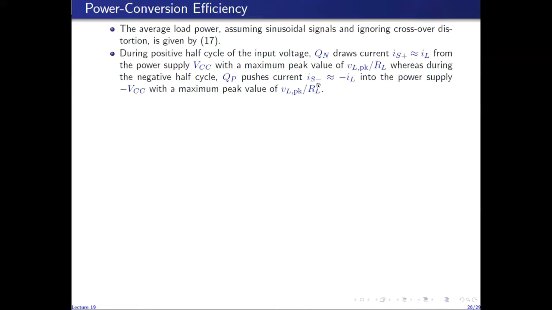So IS negative is the current flowing from the emitter of Qp down into minus VCC, which is connected to the collector of Qp.